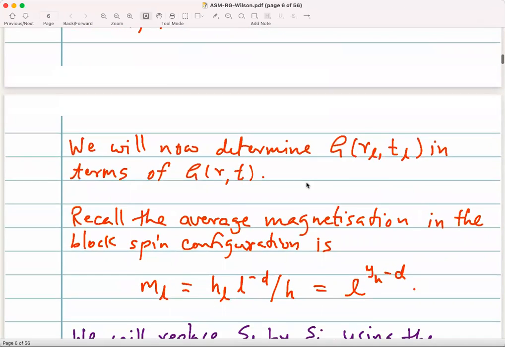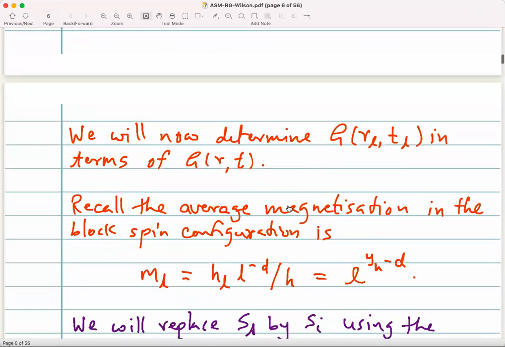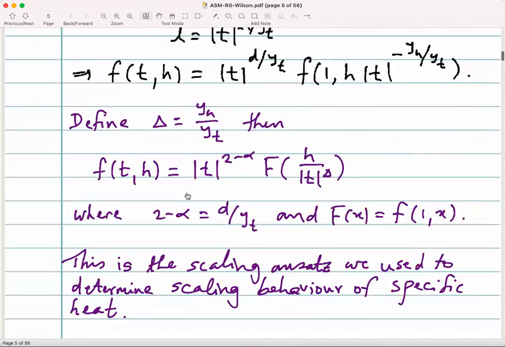Now recall that we had written down the average magnetization, which was ML. So maybe I should just go back a little.